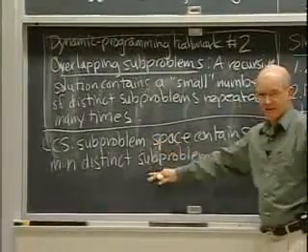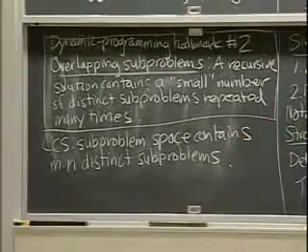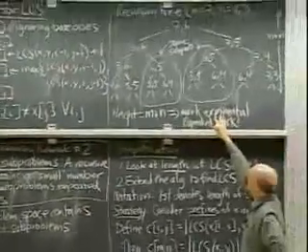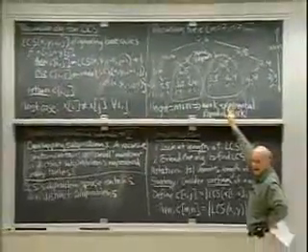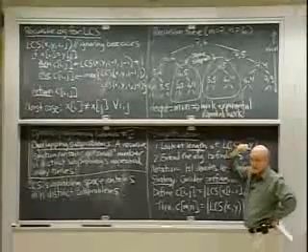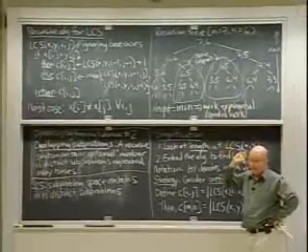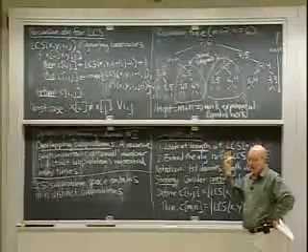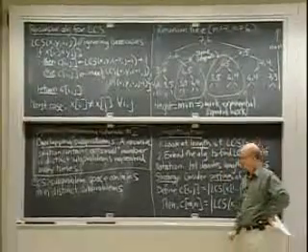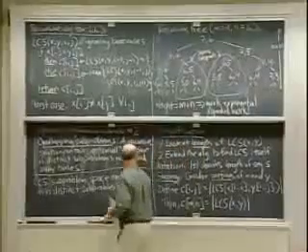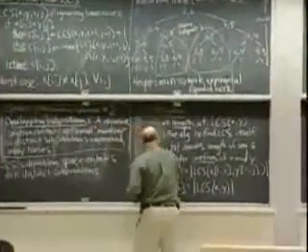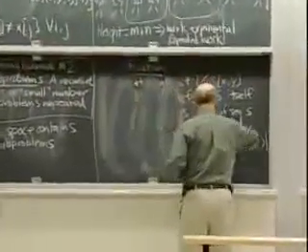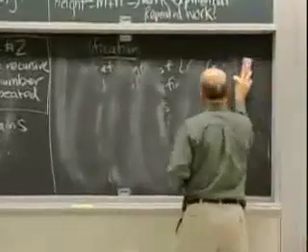Because each subproblem is characterized by an i and a j, and i goes from 1 to m, and j goes from 1 to n. There aren't that many different subproblems. It's just the product of the two. So here's an improved algorithm, which is often a good way to solve it.